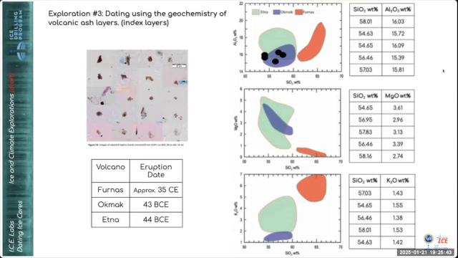So if we plot the silicon dioxide and the aluminum oxide, that's where the data points end up. Can we learn anything from that?